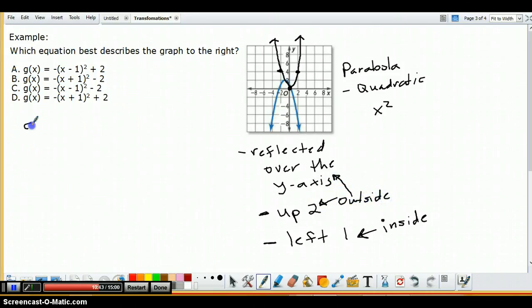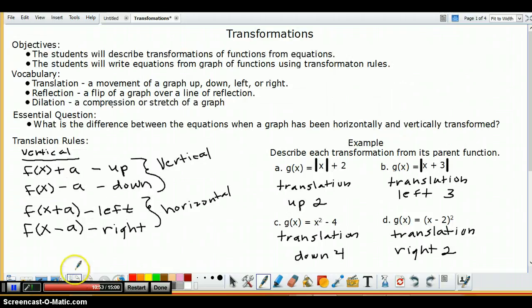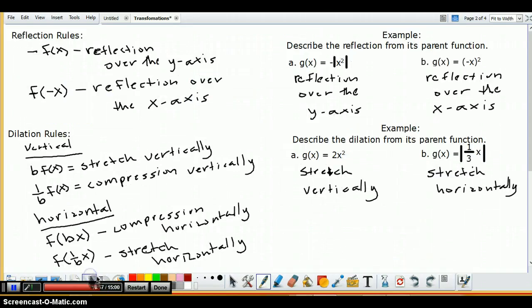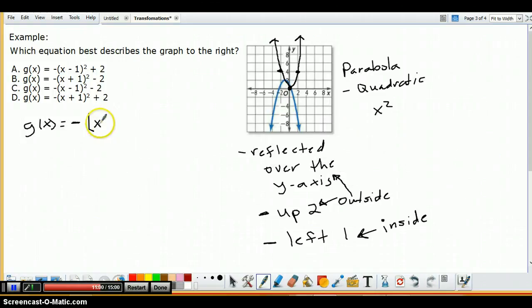All right, so g of x should have a negative outside. Going left, if we go back to our translations, inside going left is a plus. So we should have x plus 1, we went 1 spot, and then we went up, outside is also plus for going up, so we should have negative x plus 1 squared plus 2.